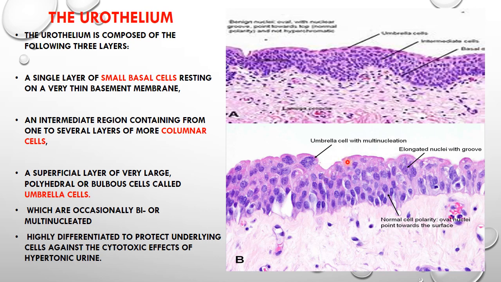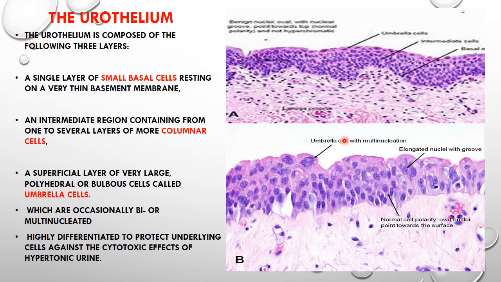They are occasionally multinucleated or binucleated, and they are highly differentiated to protect the underlying cells against the cytotoxic effects of the hypertonic urine. They are joined together by tight junctions, and they also have a glycocalyx coating over them. So they are specialized to hold the urine.